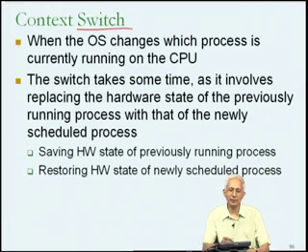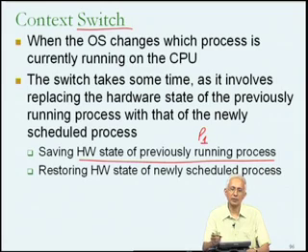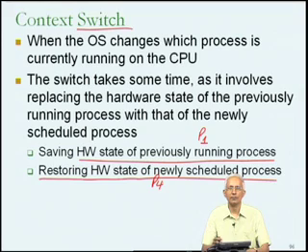The operating system must save the hardware state of the process that used to be running, in other words process P1, and it must restore the hardware state of the newly scheduled process, in other words P4, into the registers. So, the context switch will involve these two operations: saving the hardware state of the previously running process and restoring the hardware state of the newly scheduled process.